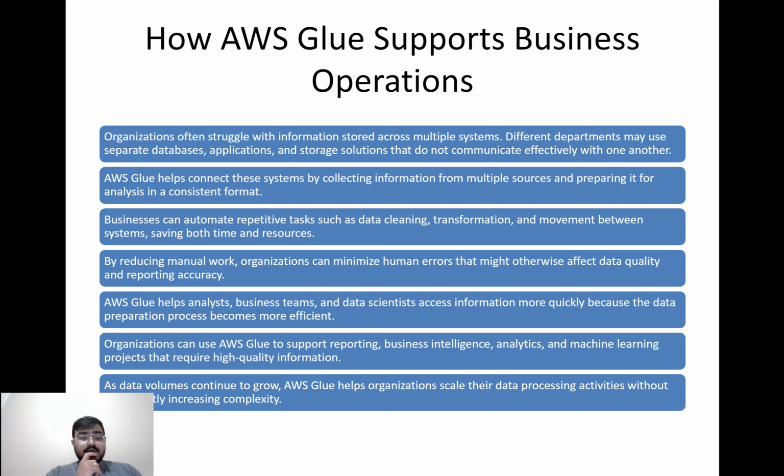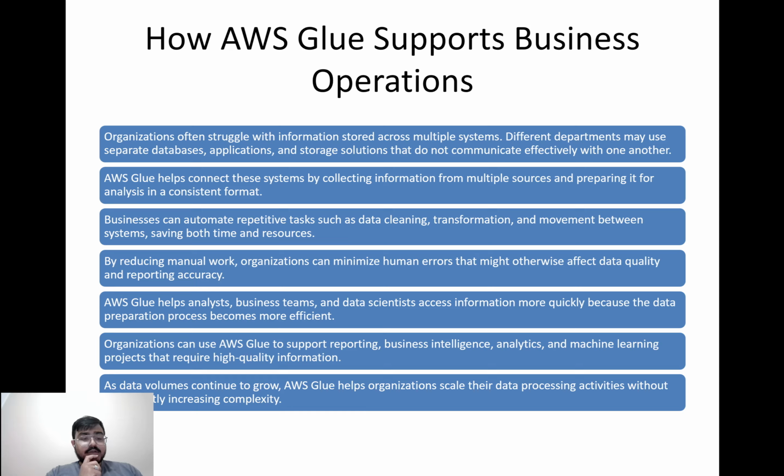Businesses can automate repetitive tasks such as data cleaning, transformation, and moving information between systems. This not only saves time but also reduces the risk of human error that can occur during manual processing. AWS Glue also helps analysts, business teams, and data scientists access information more quickly because the preparation process becomes much more efficient.